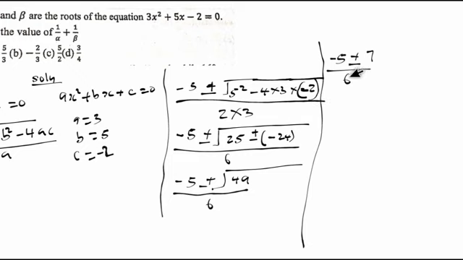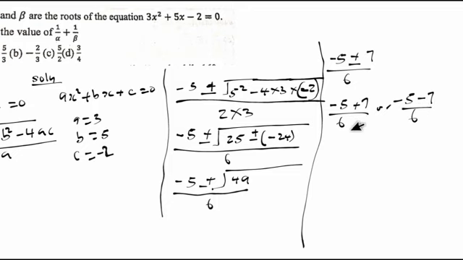Now we have minus 5 plus or minus 7 over 6. Let's split this: take the plus and take the minus. So we have minus 5 plus 7 over 6, or minus 5 minus 7 over 6.